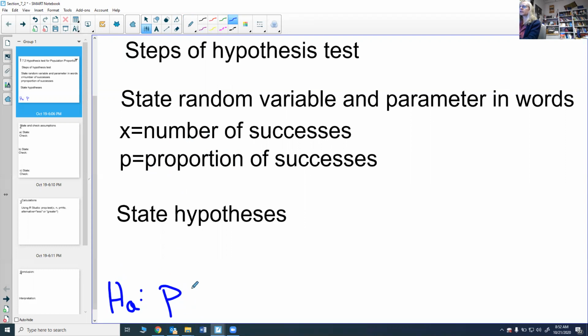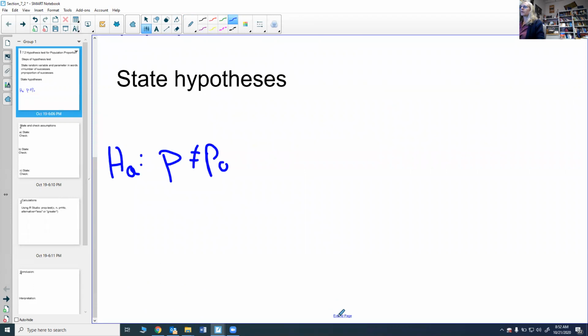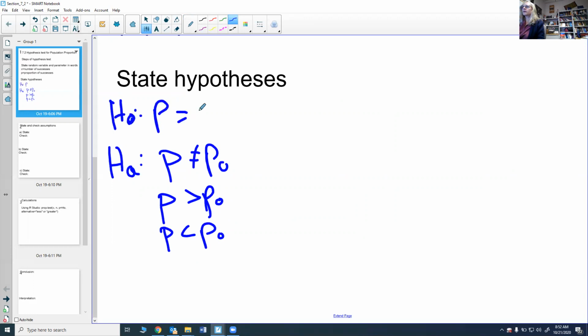So the best we can write is proportion is not equal to some number. That would be if you want to show they're different. So you use not equal to if they're different. You use greater than if you think the proportion is going to be greater than some value, or you use less than if you think it's going to be less than some value. So those are your different choices of HA. This just depends on which choices you're going to do. Your H0 is always going to be equal. So here your proportion is equal to that known value.